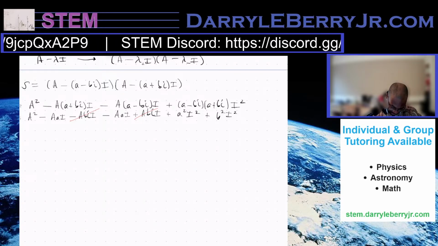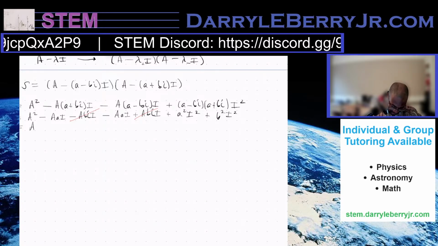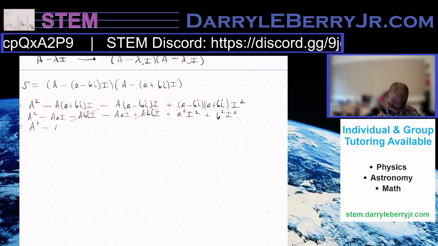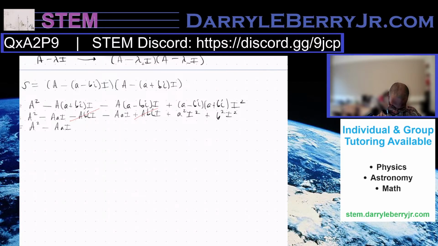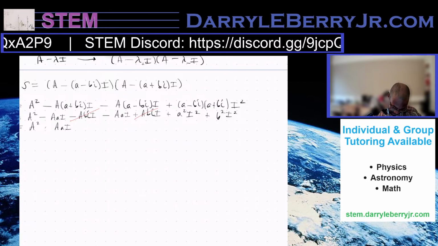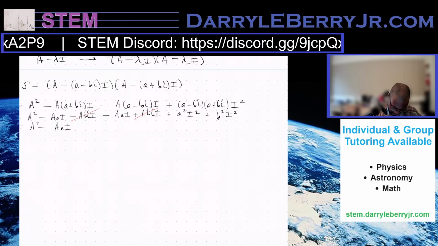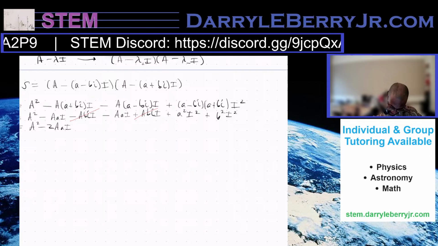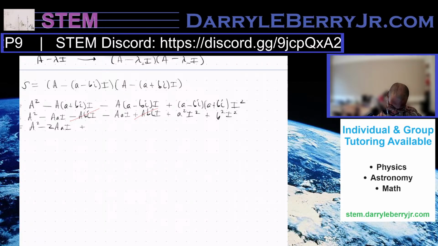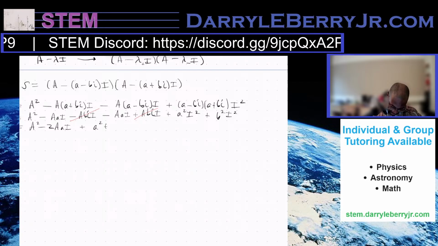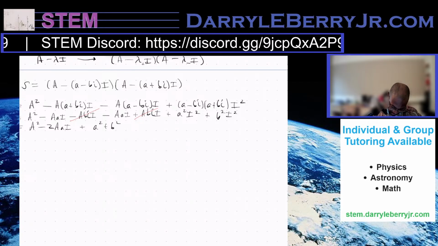So that seems to be the cancellation that made the difference. So if a squared minus ai, minus 2ai, plus a squared plus b squared.